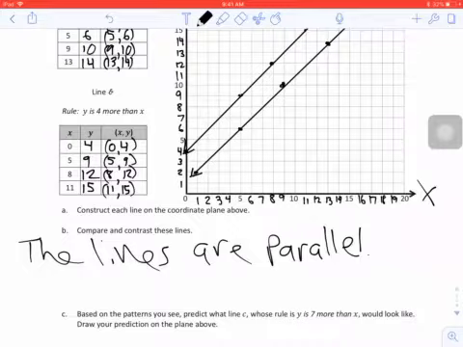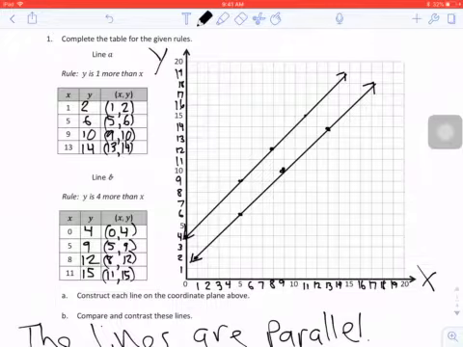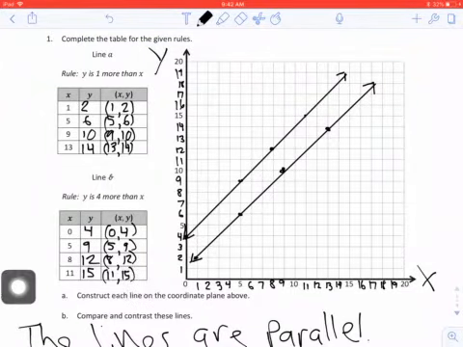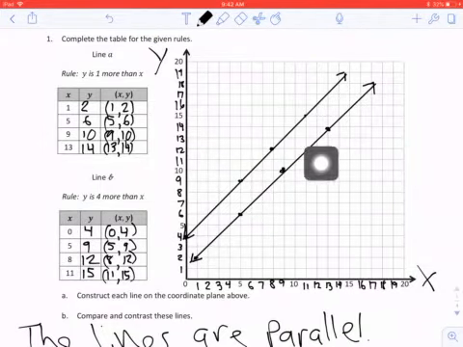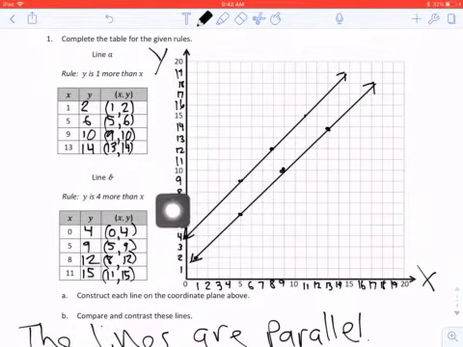And then when you're looking at the differences, you'll notice that with line B, the y values are just 3 more. So it just means that the line is the same, but instead of it being at the same exact spot, the y values are 3 more, so the line is just a little bit higher.